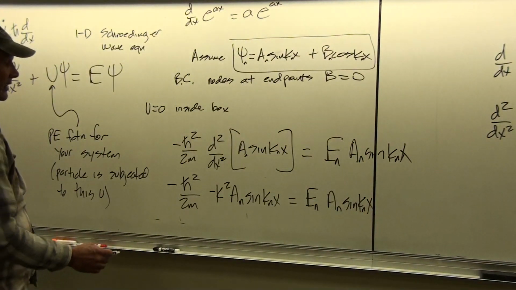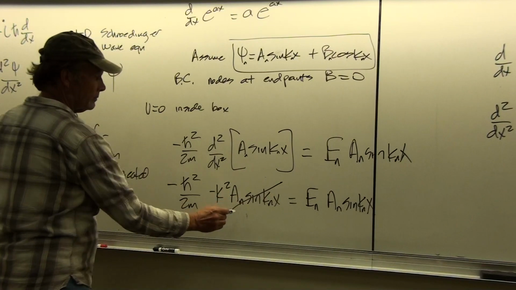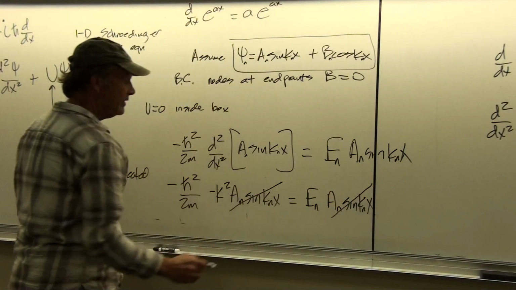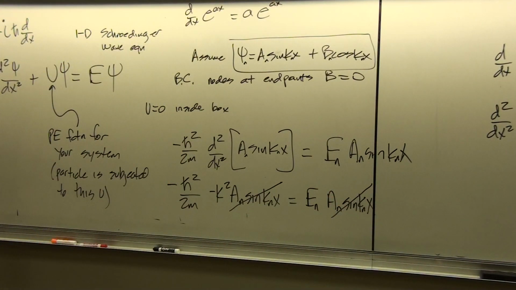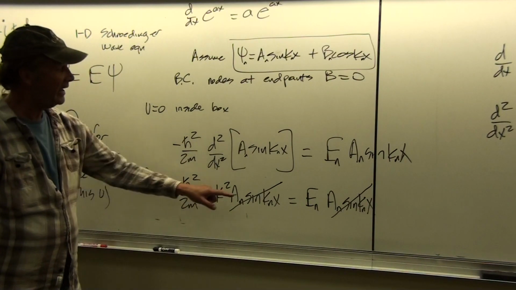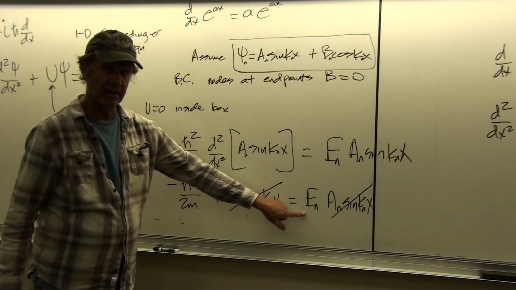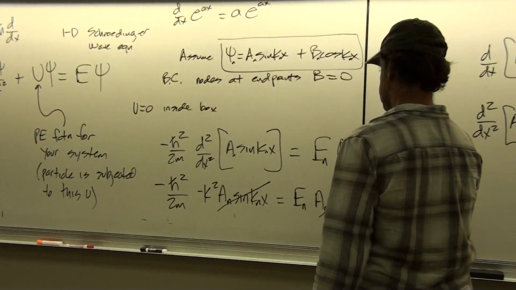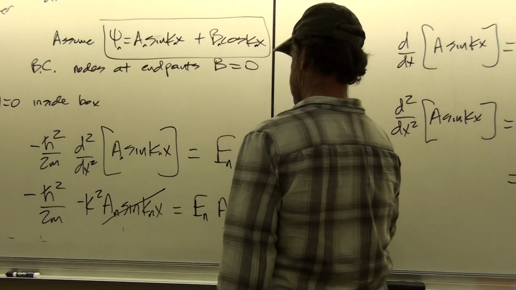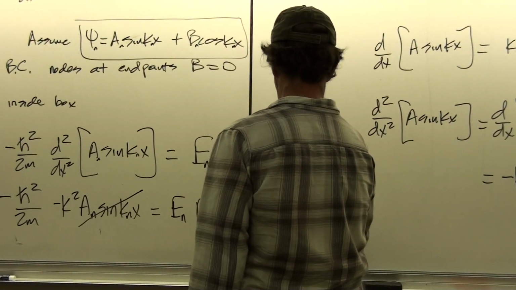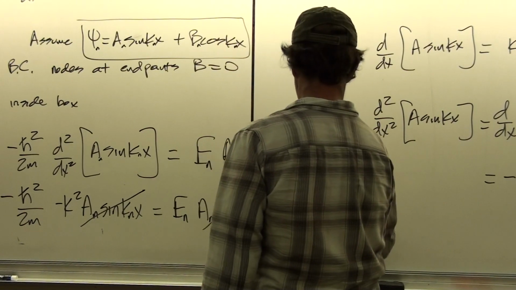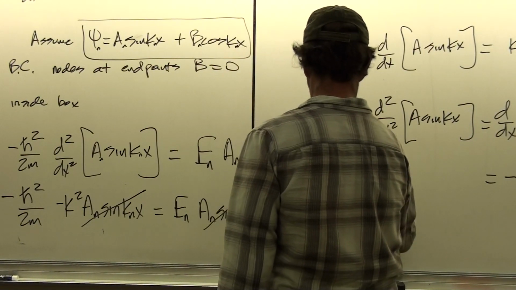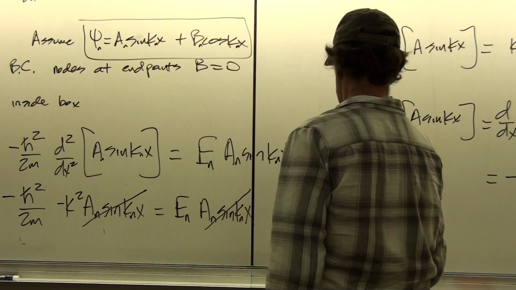Now we can see that the wave function itself cancels. And so what we end up getting then is a condition on h bar and k that makes this equation valid. Okay, so what's left then is just h bar squared k squared over 2m equals E_n.